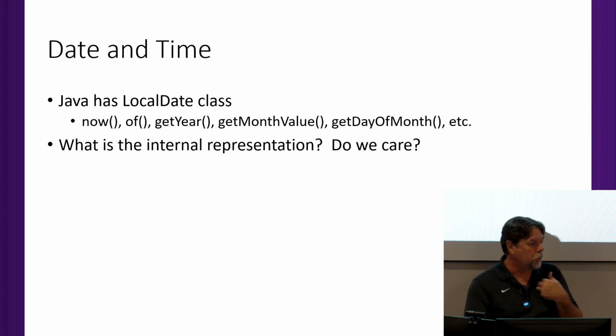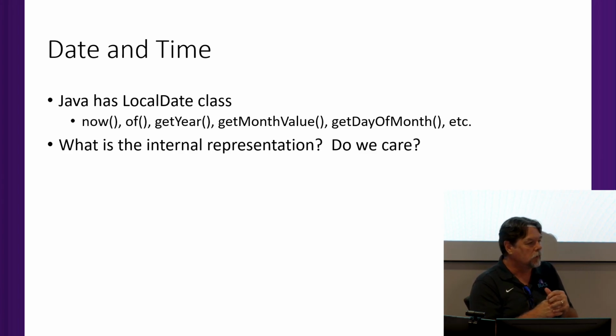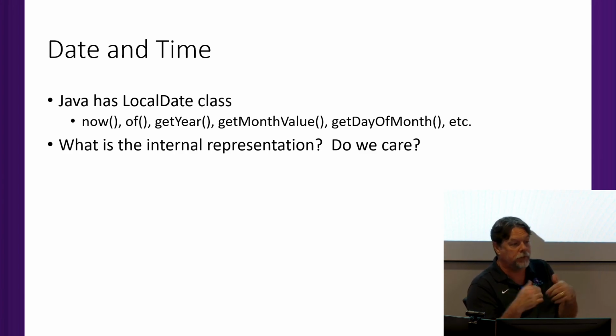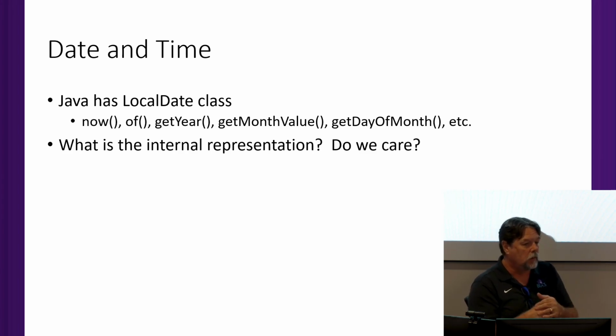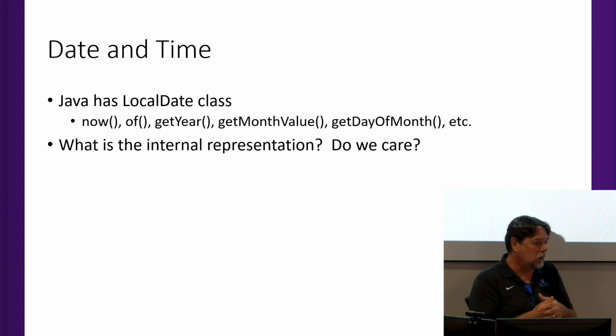So as consumers, me as a Java programmer, if I want to write a program using date time logic, is it important to me that I understand the internal representation of that data? Like, is it stored as full name or is it stored as first name, last name? Do I care? How about this? Can anybody think of a reason why I might care how it's implemented internally? Thoughts?